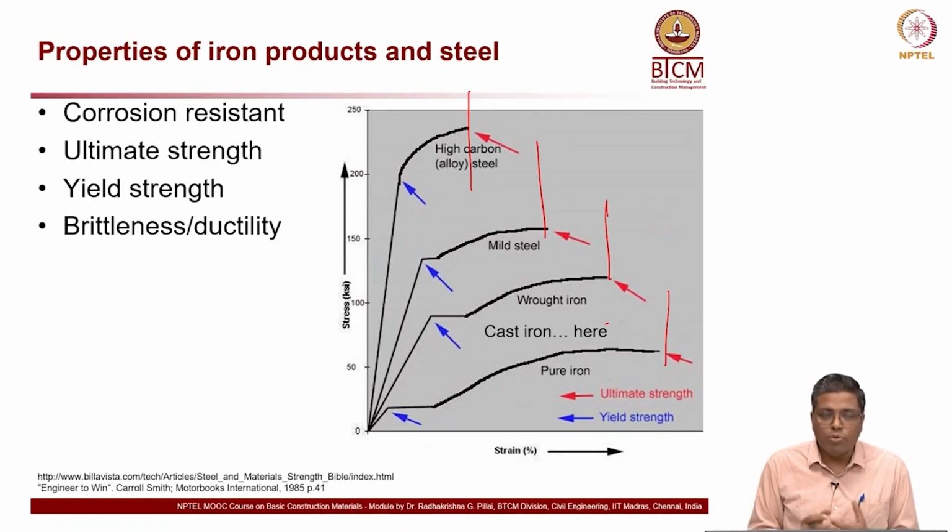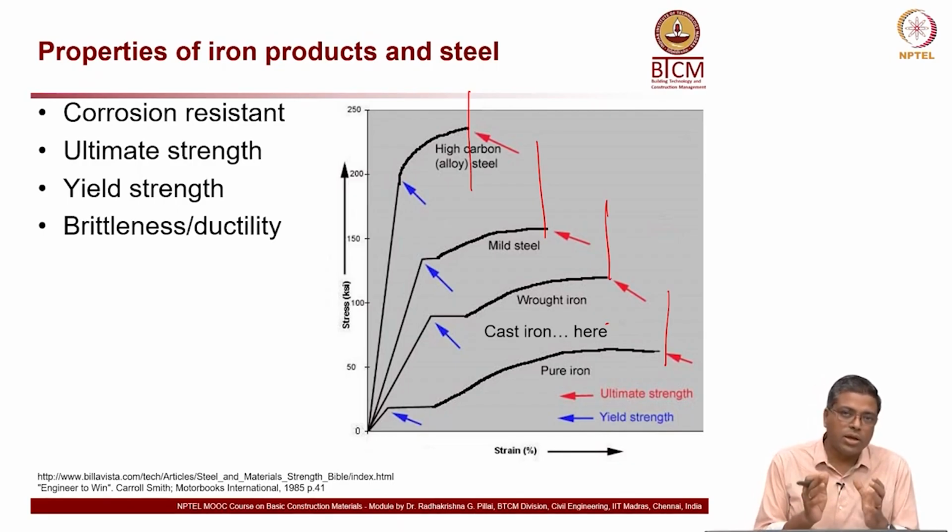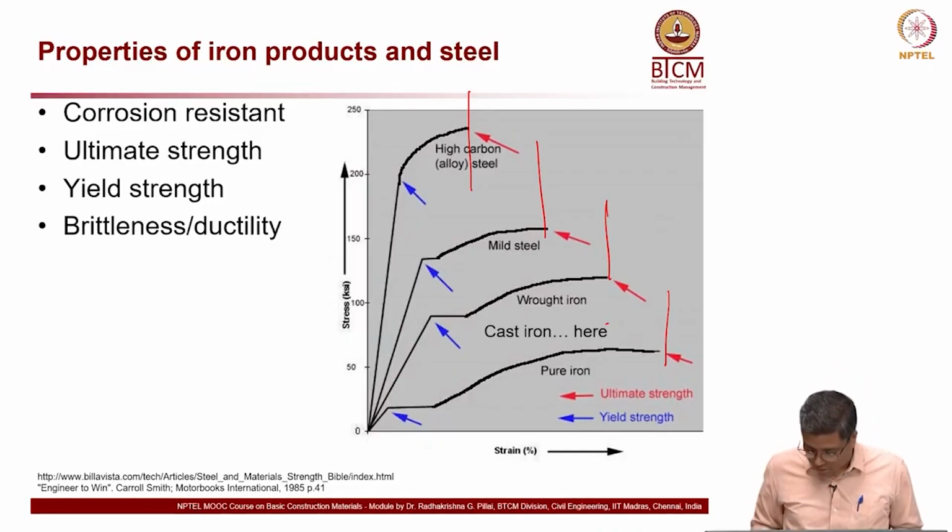But nowadays we have products where within a particular range of products you can still change the chemical composition and still get that ductility even with higher strength. So that's all possible, but this is just a general discussion on how pure iron, cast iron, wrought iron, mild steel and high carbon steel behave.